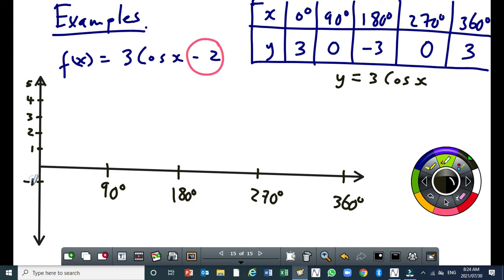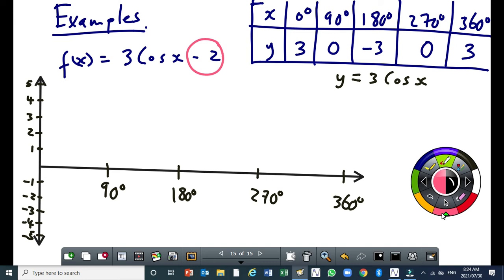You are supposed to use a ruler. It's very important when you are calibrating or labeling your axis, you must use a ruler.